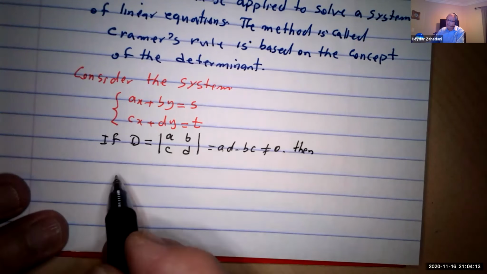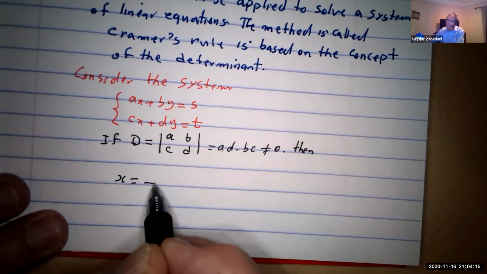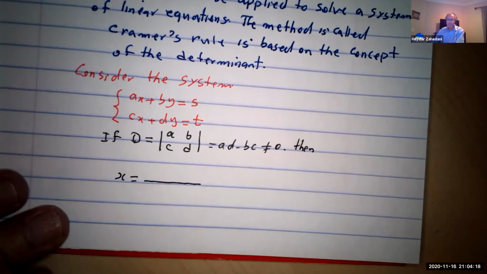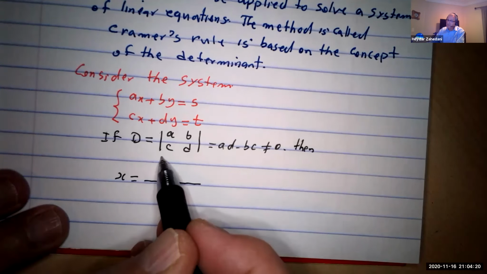The formula is then x is going to be equal to the determinant of this matrix.